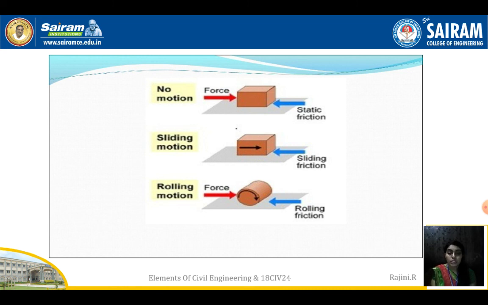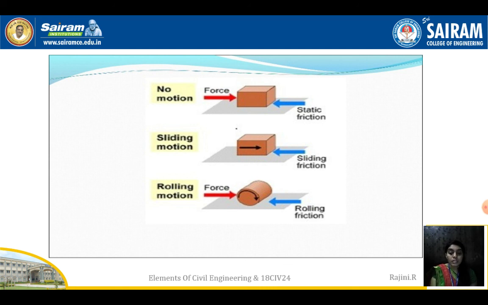Next one, rolling. You can see the road roller rolling over the road surface. The rolling motion acts in the clockwise direction, that is to the right. The rolling friction will be acting leftwards. So these are a few of the types of friction you have.